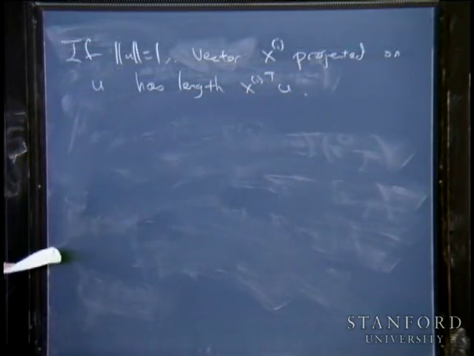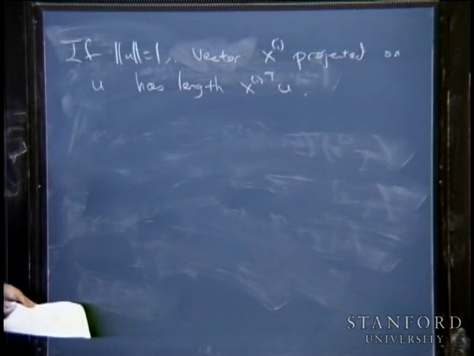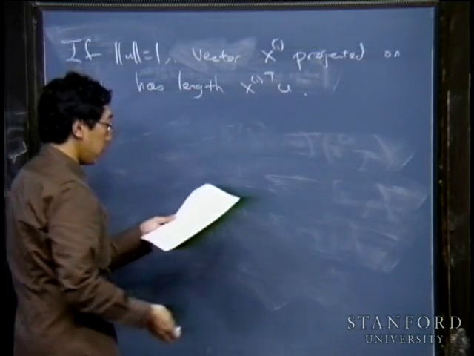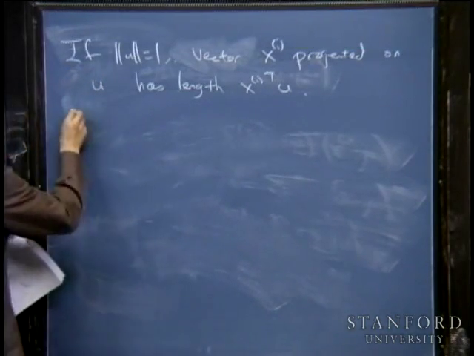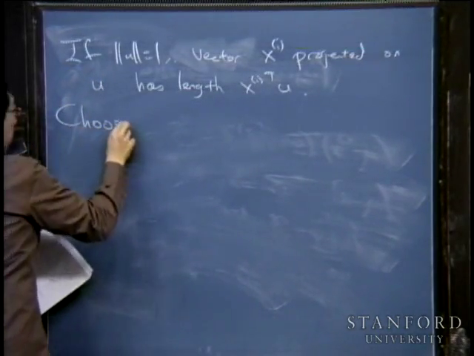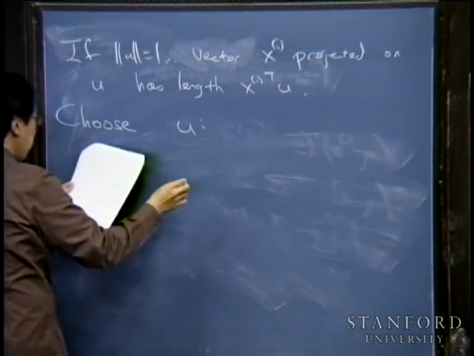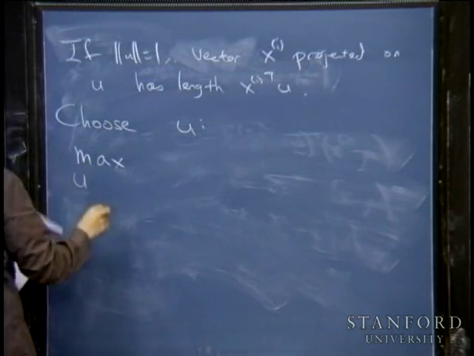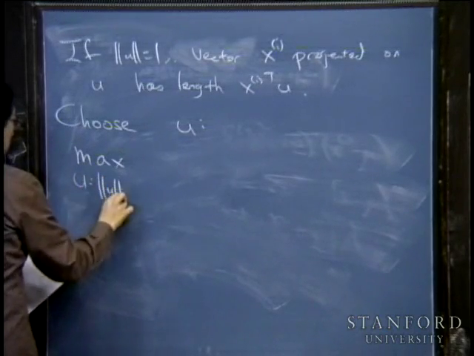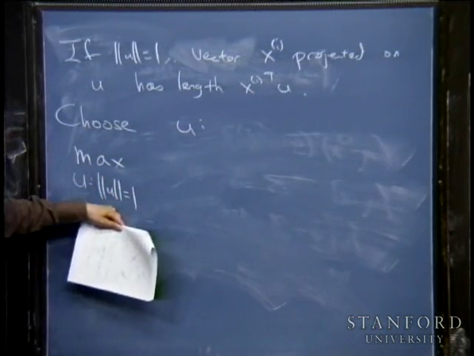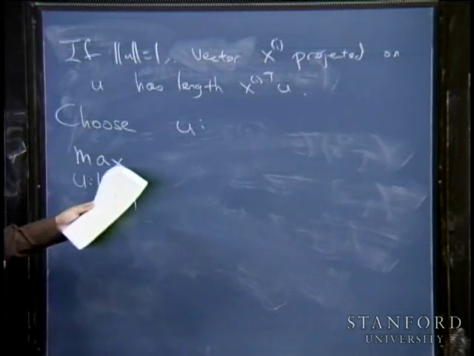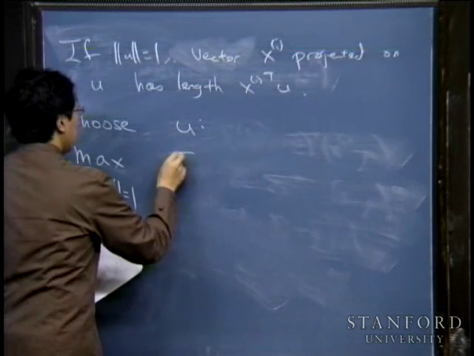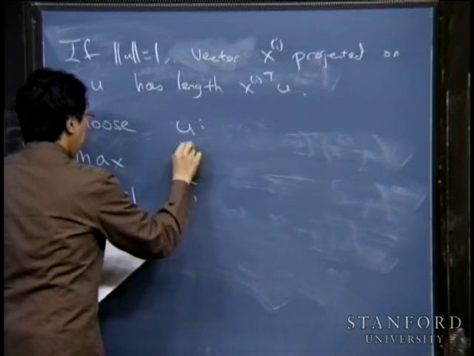To project x onto a unit vector, the length of the projection is just xi transpose u. And so to formalize my PCA problem, I'm going to choose a vector u to maximize, subject to the constraint that the norm of u, the length of u, is 1. I'm going to maximize, let's see, the sum from i equals 1 to m.